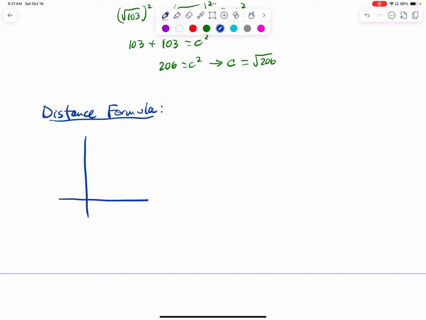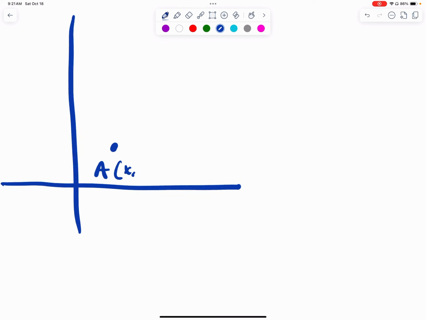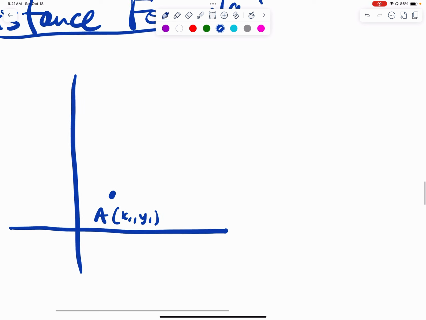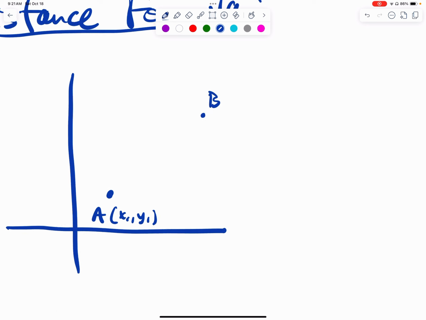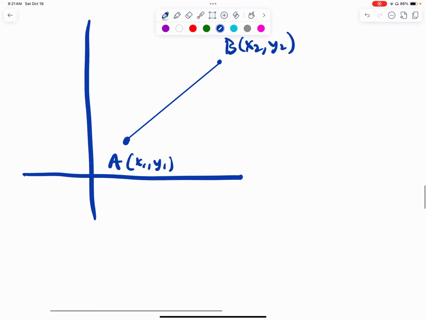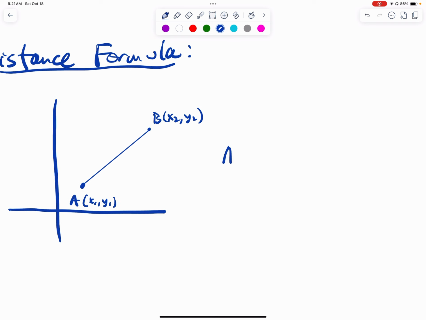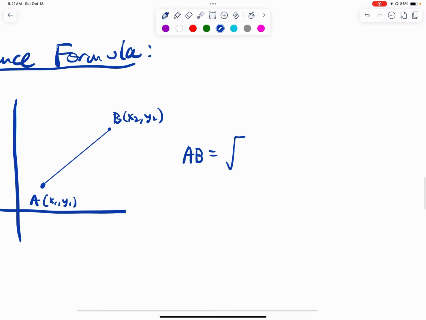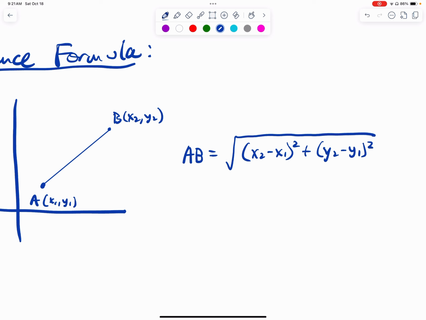If I draw myself a coordinate plane here, I'm going to put point A with ordered pair x sub 1 comma y sub 1, and then I put point B over here at x sub 2 comma y sub 2, and then I string a segment straight between these two points. If I wanted to find the length of AB, it is the square root of the difference of the two x's, x sub 2 minus x sub 1 squared, plus the difference of the two y's, y sub 2 minus y sub 1 squared.